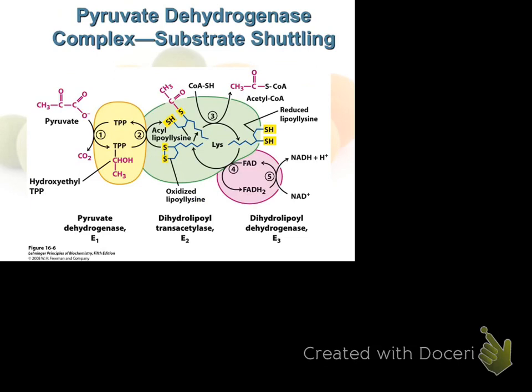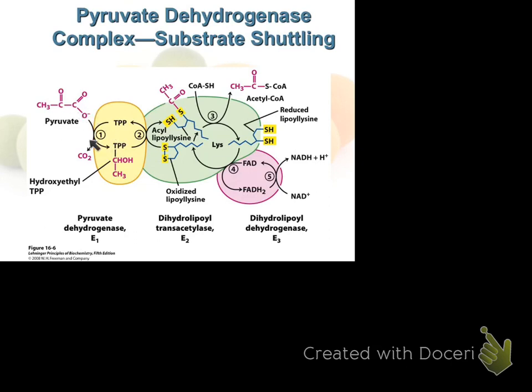So this is the cartoon of how it works. So like I said, it just kind of gets shuttled along this big complex, and to me, in a moment you'll see why, I think it looks like honeycomb cereal. But the TPP acts first, and so this one is a dehydrogenase reaction.